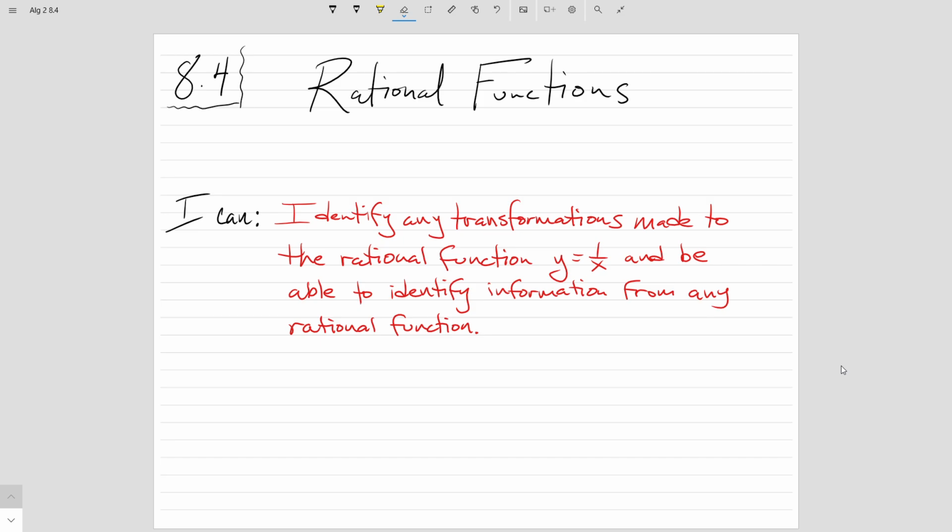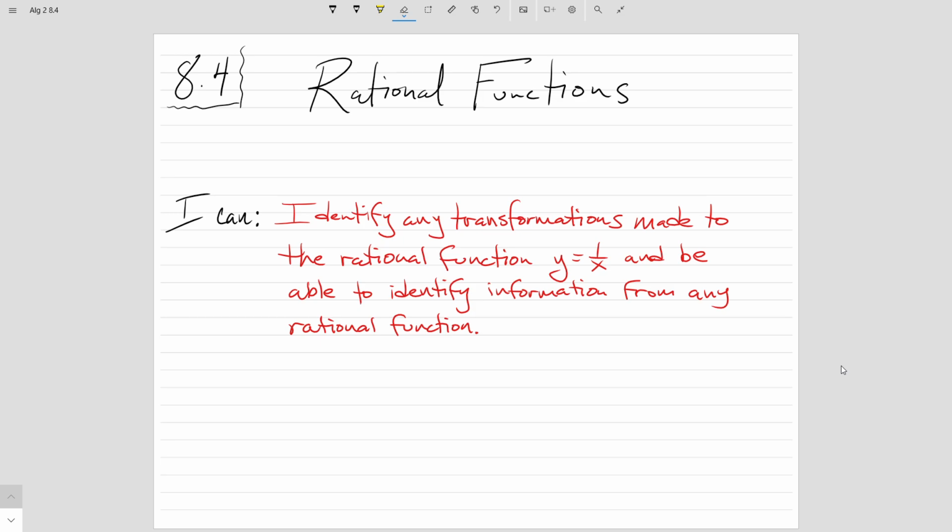Okay, well, this section, the title really doesn't even say anything of what you're doing. Rational functions is just like a whole chapter. The I can statement says a little bit more of what we're actually working with. So in this section, by the time you're done with 8.4, you'll want to be able to identify any kind of transformations that are made to the rational function y equals 1 over x, and it specifically has to be 1 over x.